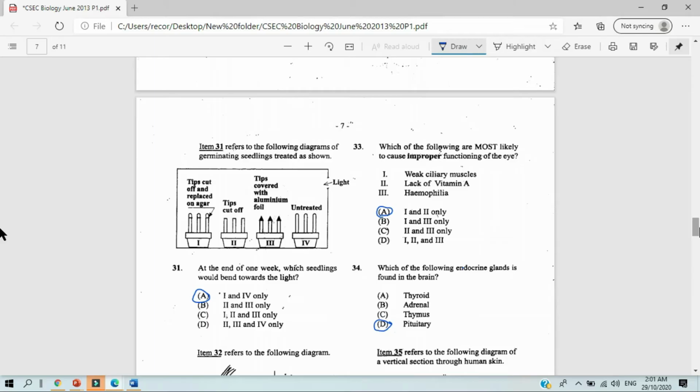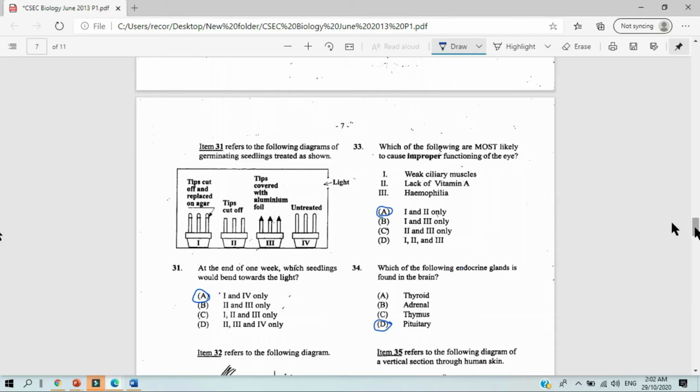Tip cut off here, nothing is on it, so you understand the area that promotes growth is not there once the tip is removed. Tip covered with aluminum foil, so it won't really respond to sunlight because it's a dark area. And then we have a plant that is not affected. All right, so we have light coming through one side. Now at the end of 1 week, which seedling would bend towards the light?